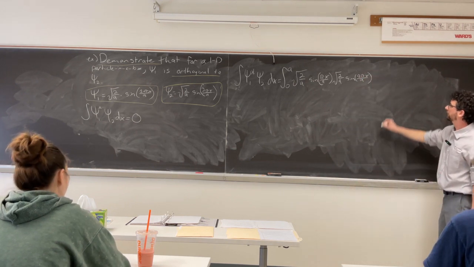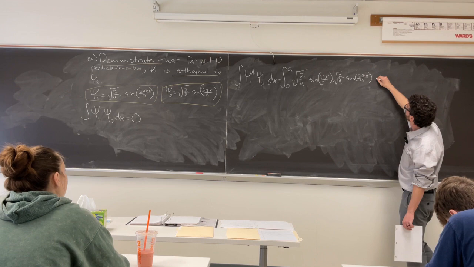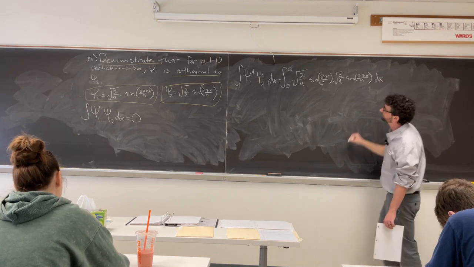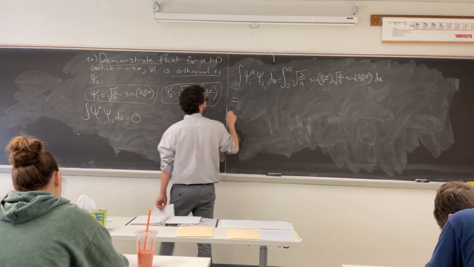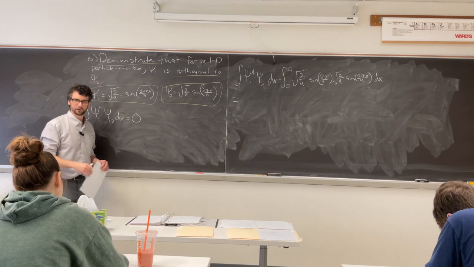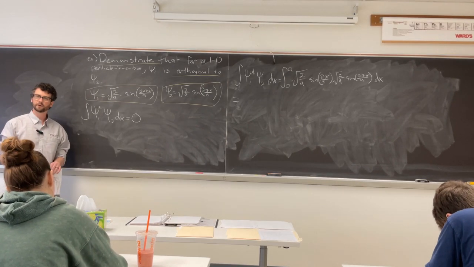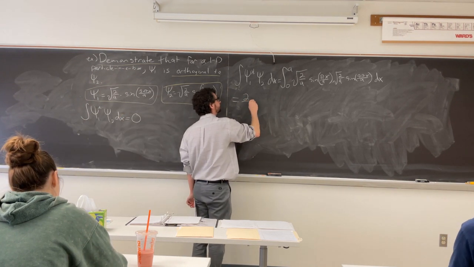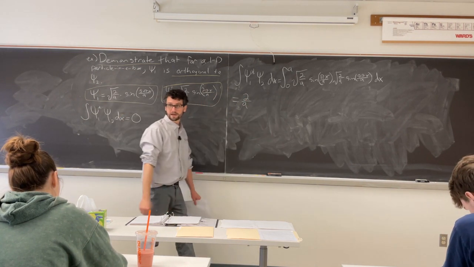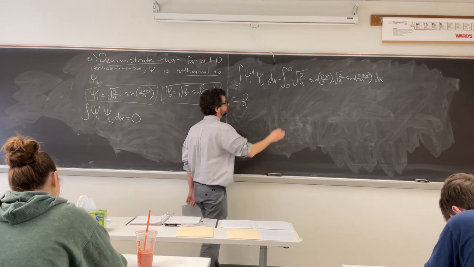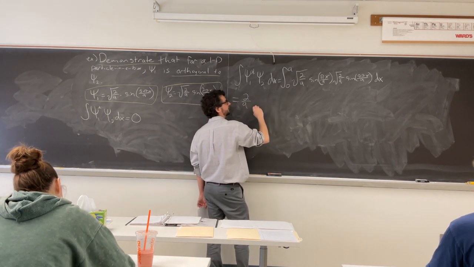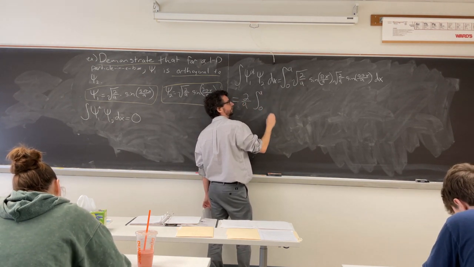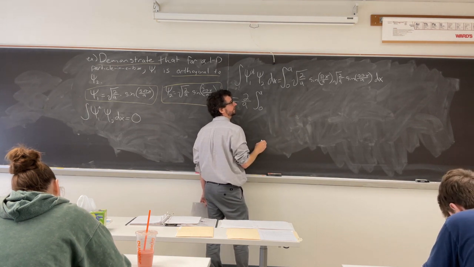And what do I need to integrate across? Okay, let's make this a bit simpler. What would you do to make it simpler? That's the normalization constant, at least this square root of 2 over a. Then we have this integral. What's the rest of it going to be?